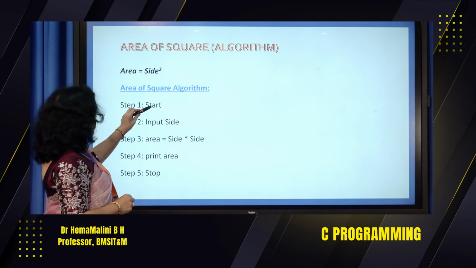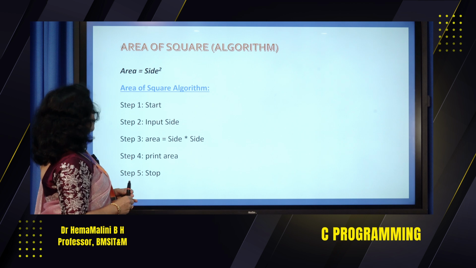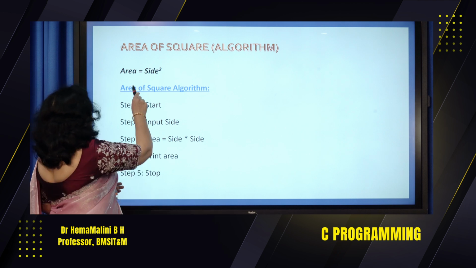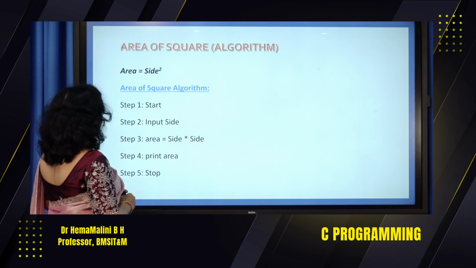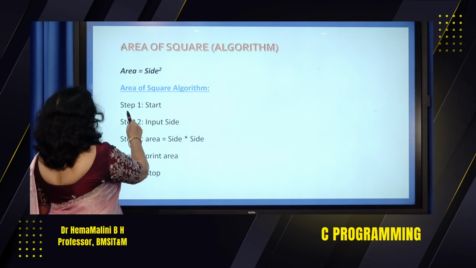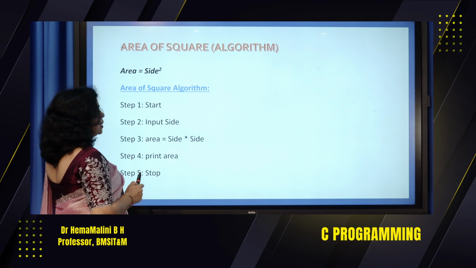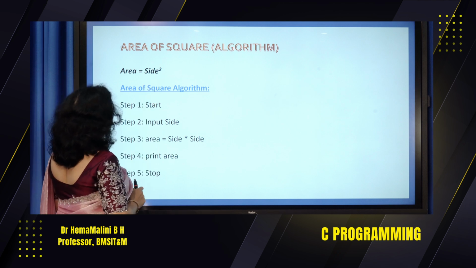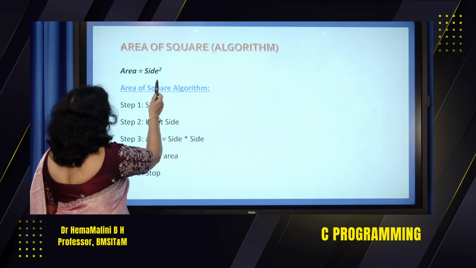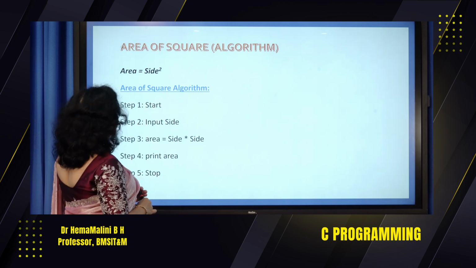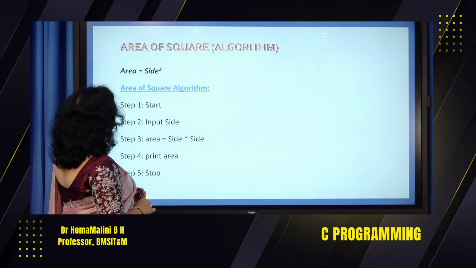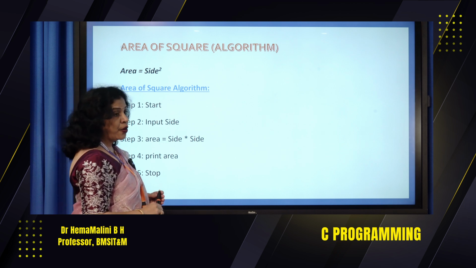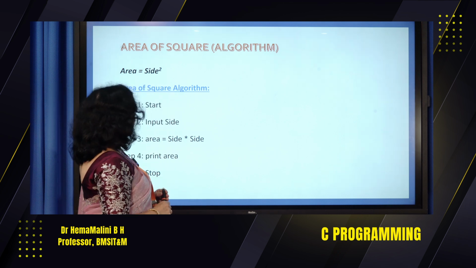First we need to know the formula for finding the area of a square. So, area is side squared. Now, we need to know the side. So, we have to accept this side as the input from the user. Then we multiply side by side. The product, that is side into side, would be the area which we are going to output. So, that is the program.